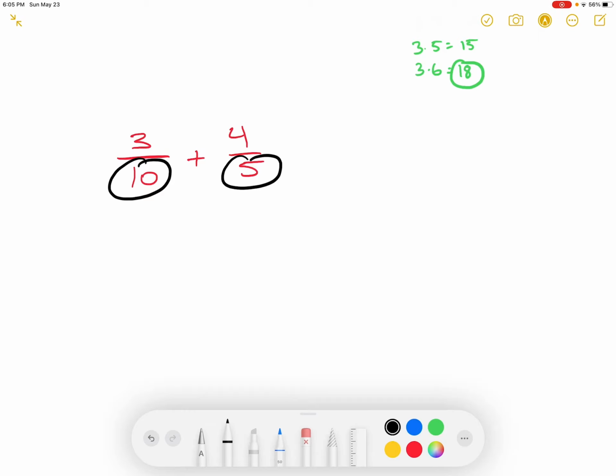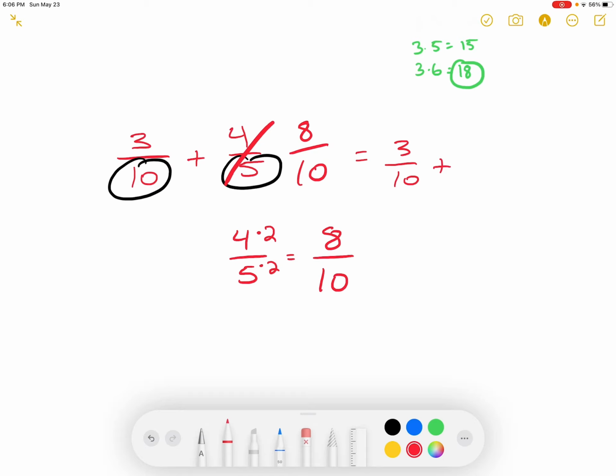But I can change one of these so that they have the smallest common denominator possible, the smallest common multiple. Well, I know that 10 is a multiple of 5 because 5 times 2 gives me 10. When I do the bottom, I must do the top as well. So 4 times 2 is 8. So now 4/5 is 8/10.